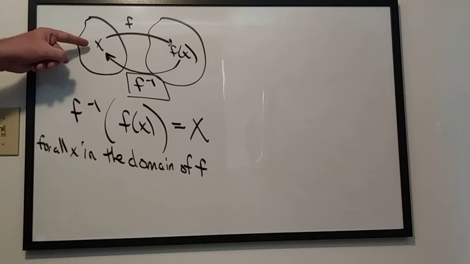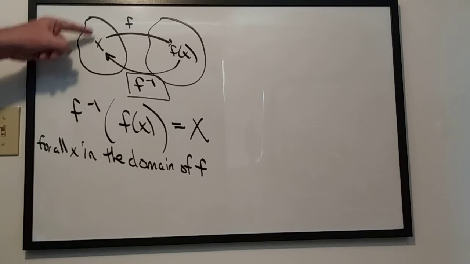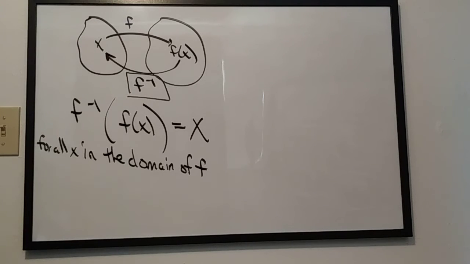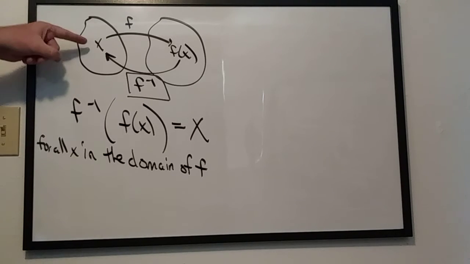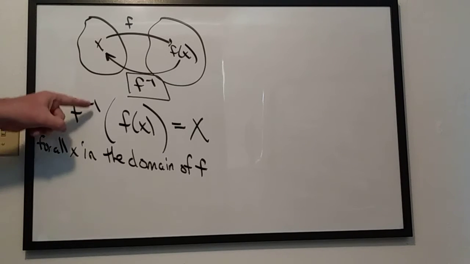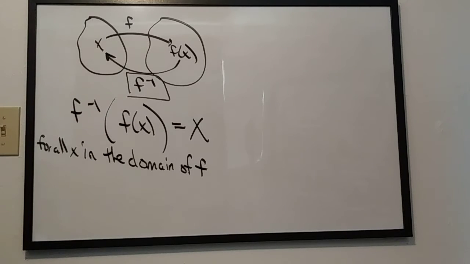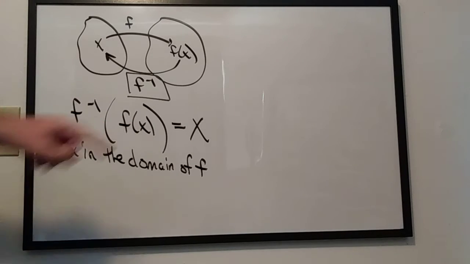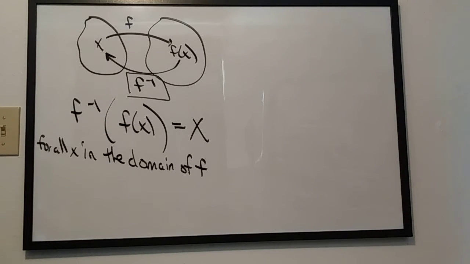So we have to make sure that we're starting with an x that could have gone to the function f in the first place. If we don't have an x that could have gone to the function f in the first place, this whole picture falls apart. So f inverse of f of x is going to be x as long as that x was in the domain of f in the first place.